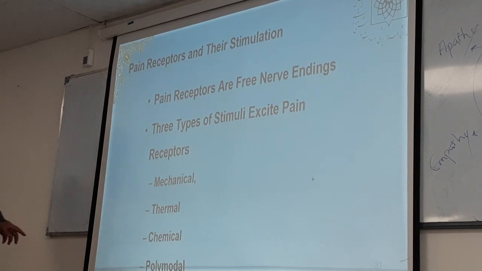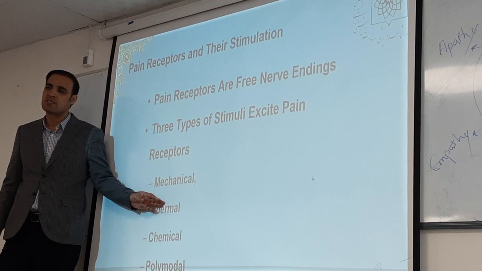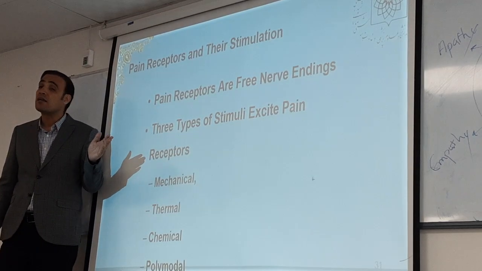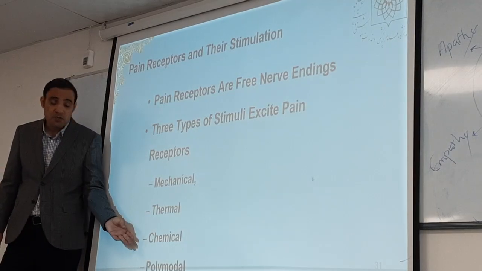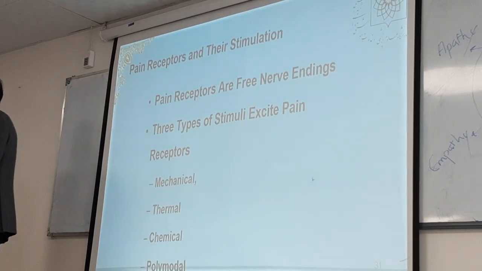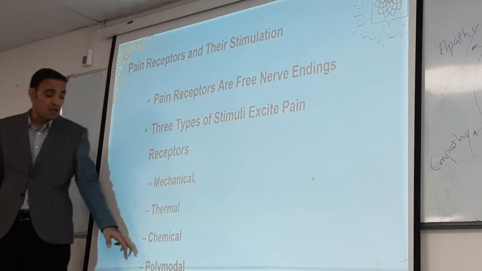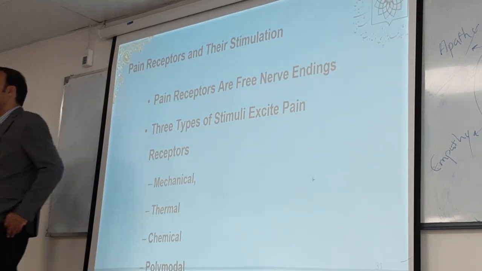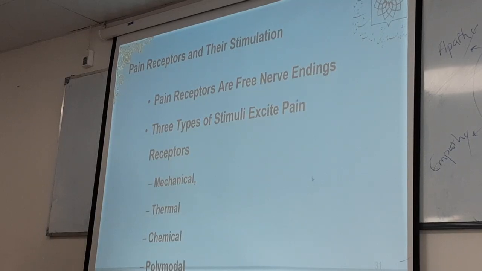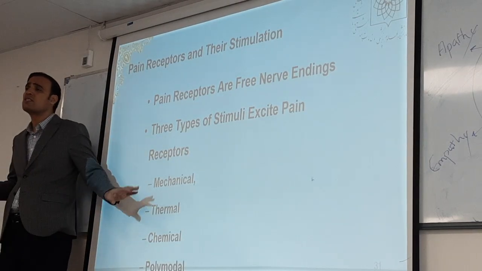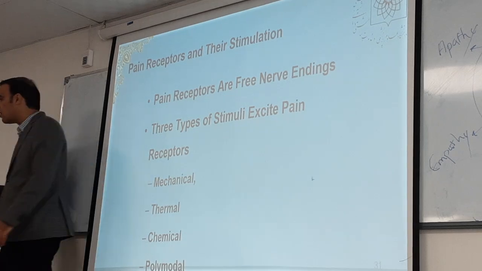There are some thermal nociceptors. They respond to the damage that is generated by temperature. There are some chemical nociceptors. They respond to chemical change. And also, we have receptors that are named as polymodal receptors. Polymodal means receptors that respond to different types of stimulus that generate the damage. Regardless of the type, all of these receptors respond to damage, but with different origin.